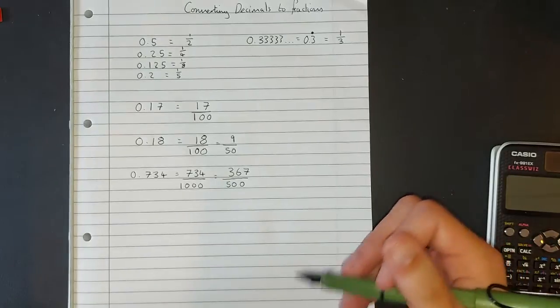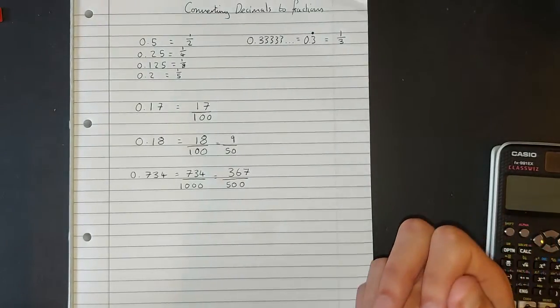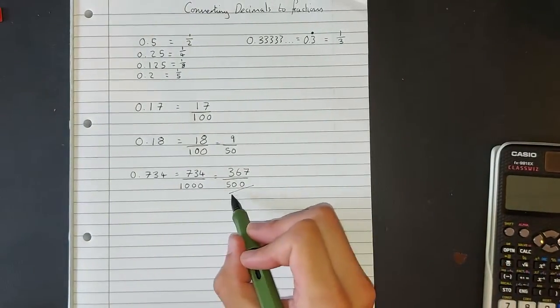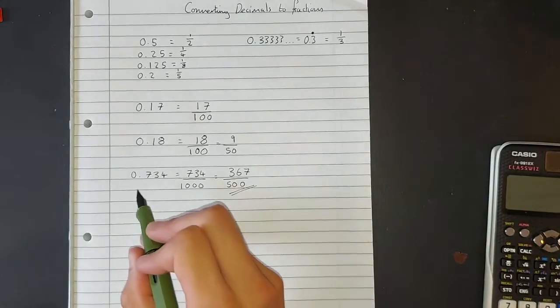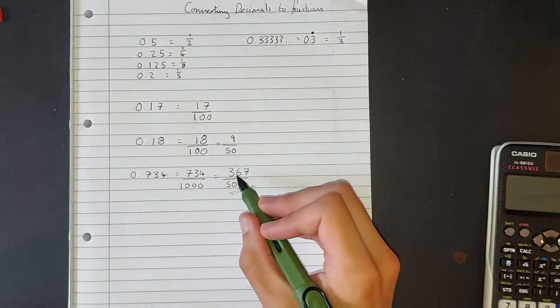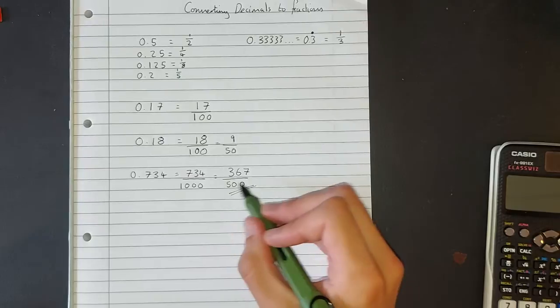We can't do 8, and 9 won't go in, nor will 10. This here is as simple as it will go. So 0.734 is 367 over 500.